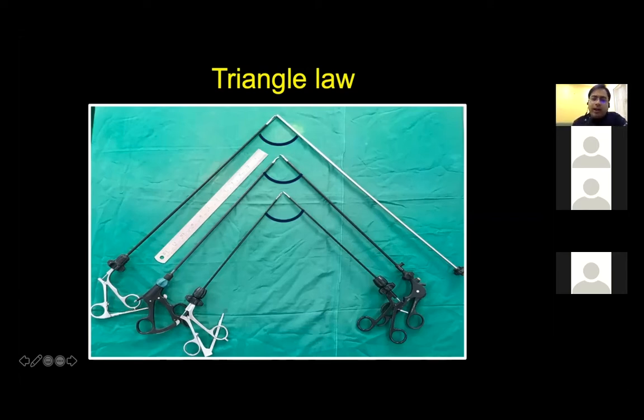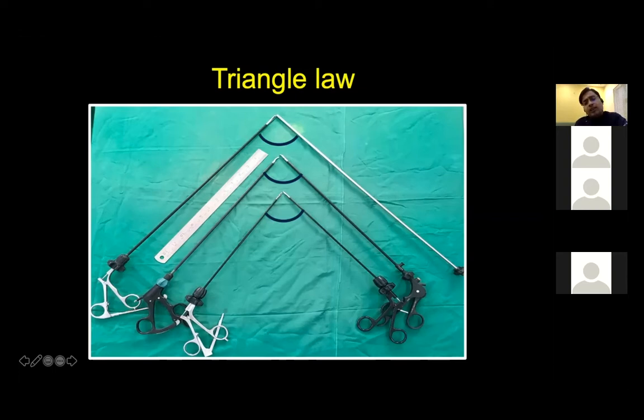What the triangle law says is that if you want this angle to be 60 degrees, all three angles should be 60 degrees, because it will be an equilateral triangle. So imagine a situation where you have 18 centimeters here, 18 centimeters here, and 18 centimeters here. Now the telescope should be exactly in the middle, so that your azimuth angle is around 30 to 45 degrees.